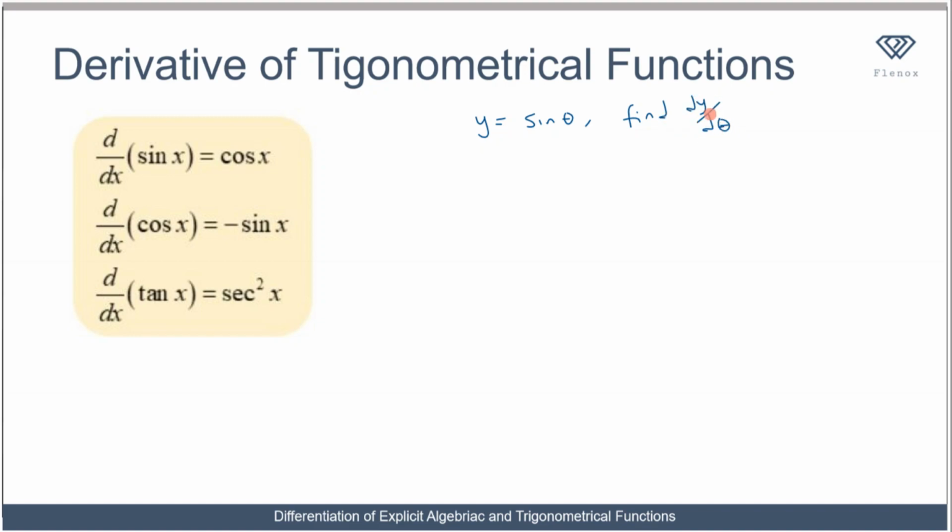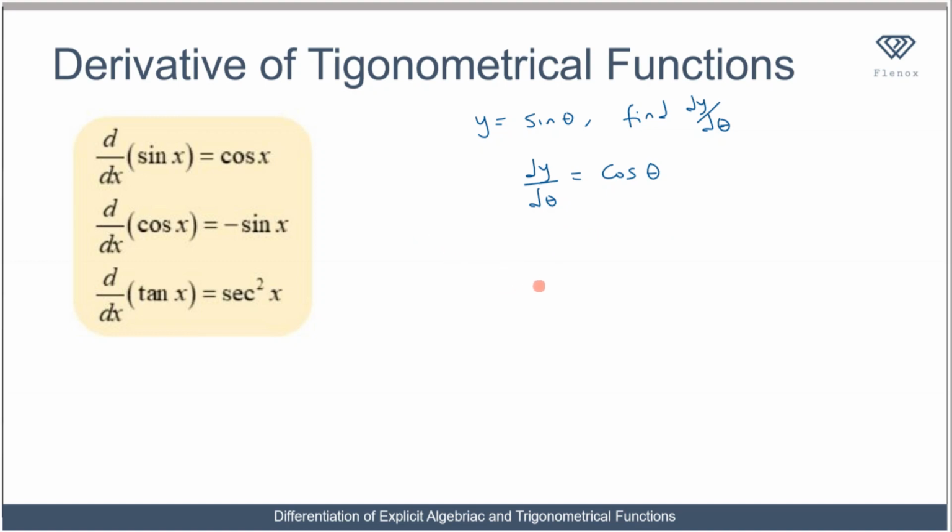We have just replaced the value of x with theta, so the same idea applies. So in this case, dy over d theta will still be equal to, you know that when I differentiate sine x, I'll get cos x. So here, when I differentiate sine theta, I'll get what? Cos theta. So my point is that it does not have to be y and x at all points in time. It can be anything.